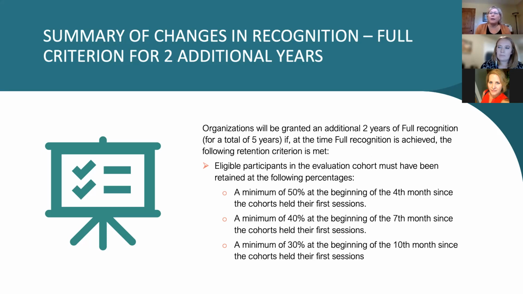So by having a minimum of 50% retention of your eligible participants at the beginning of the 4th month, a minimum of 40% retention at the beginning of the 7th month, and a minimum of 30% retention at the beginning of the 10th month. So they're looking at retention as being, again, something to add 2 more years of full recognition. They're recognizing the value of this retention in our participants.